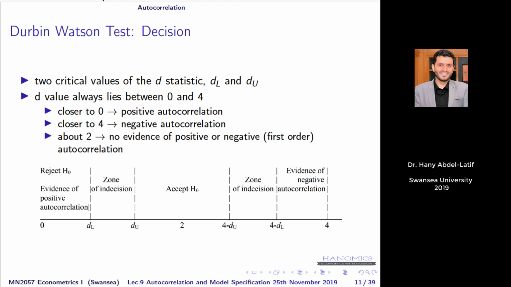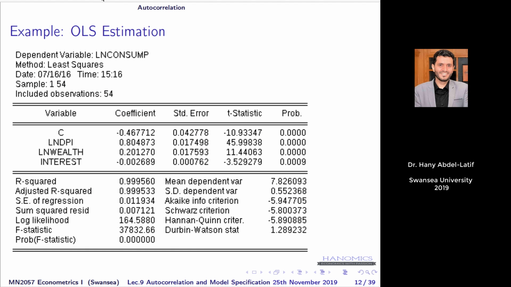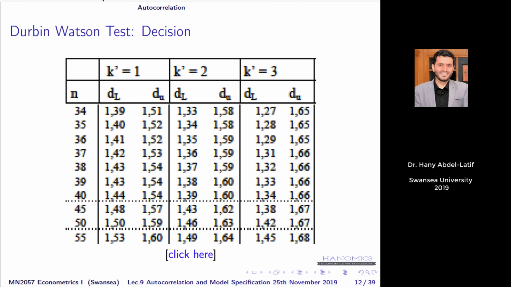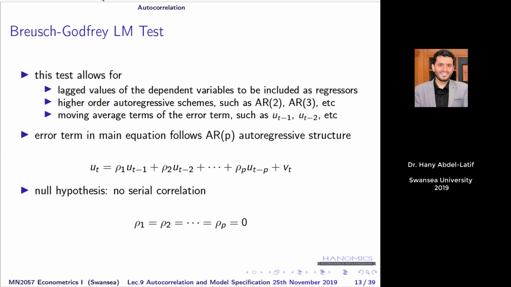Okay? What we're going to do about that, this is what we're going to cover after we cover the next test, because there is another test we could do as well. Okay, so now we know our errors are positively autocorrelated.